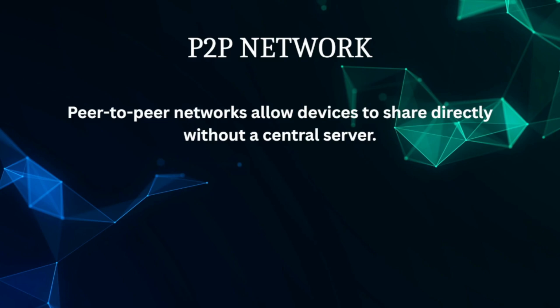P2P network, a decentralized network where each device or peer has equal status and can act as both a client and a server. P2P networks are commonly used for file sharing as they allow direct sharing of files between devices without needing a central server.